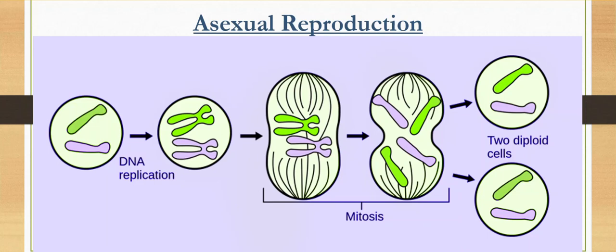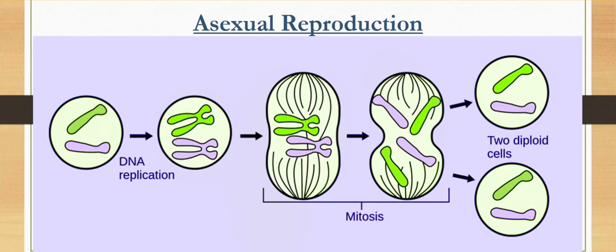In the next phase, the cell prepares itself for cell division by the process of mitosis. This phase represents a time gap between the time when the cell copies its DNA and when it divides. During the process of mitosis, the cell's membrane pinches inward and the cell begins to divide.